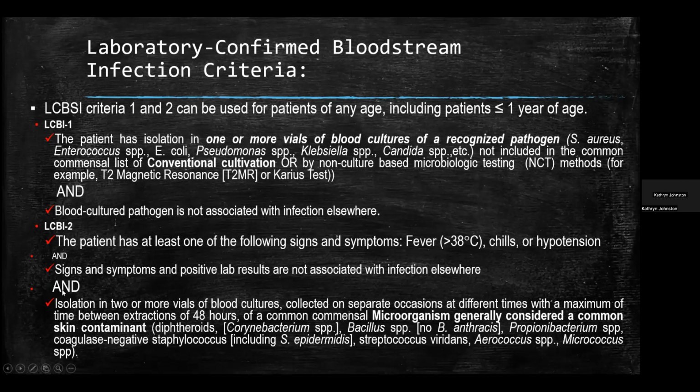And in addition to that, they also have to have isolation in 2 or more vials of blood cultures collected on separate occasions at different times, with a maximum time between the 2 blood cultures of 48 hours, of a common commensal microorganism. And so the importance of that is that it has to be in 2 separate blood culture sets.